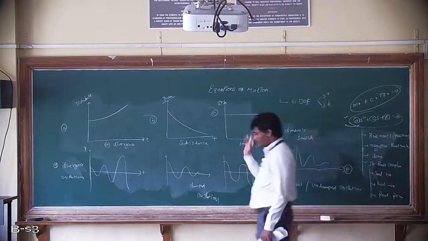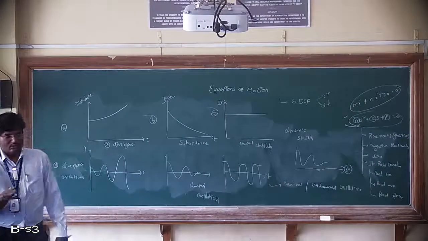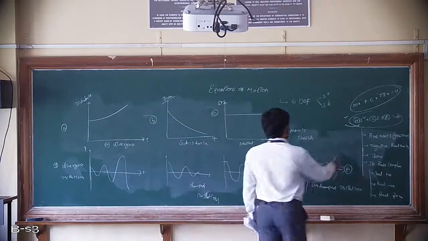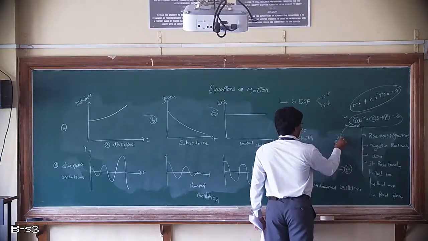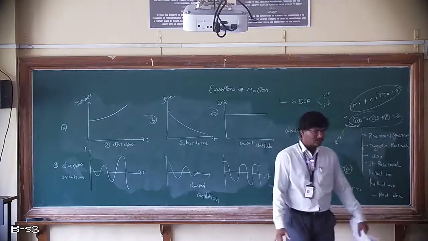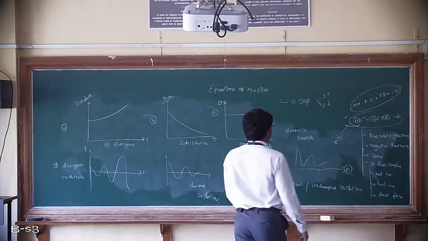Generally, those are second order differential equations. When you are solving second order differential equations, finally you will get the solution in terms of e power lambda t, right? You can take lambda as the roots of the equation.